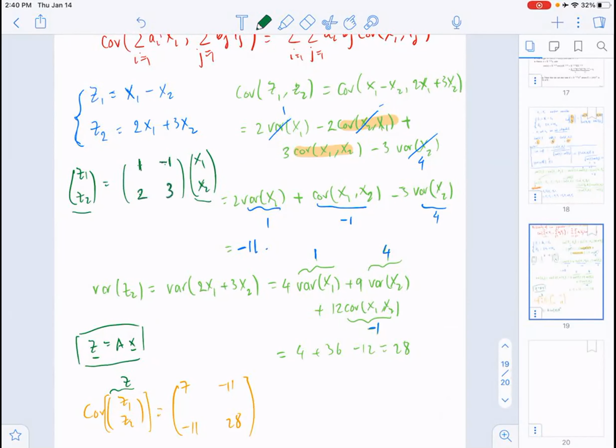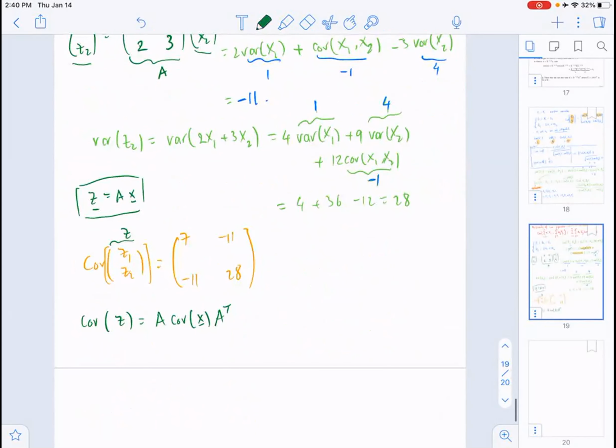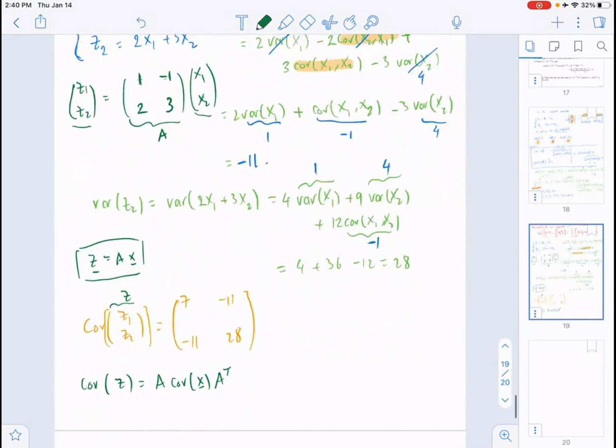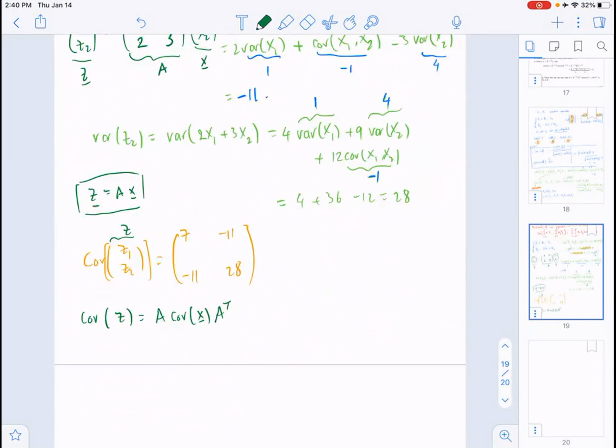Yeah, okay, great. So if you multiply this out, you'd get the original system of equations. So this is our A, right? So now I have that z is A times x, where this is vector x and this is vector z. Now I can write this as covariance of z is equal to A covariance of x times A transpose.